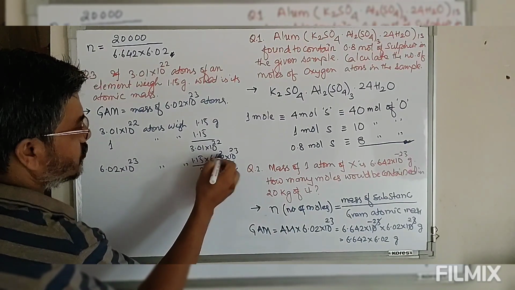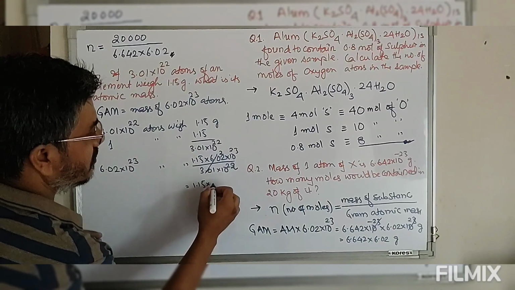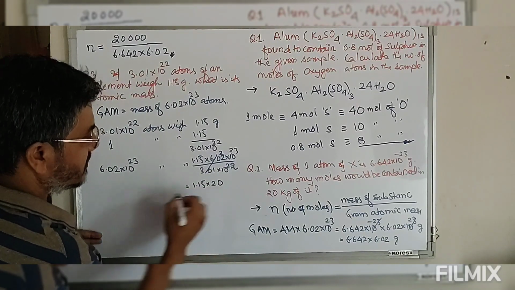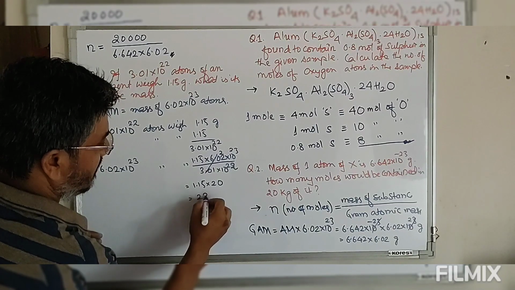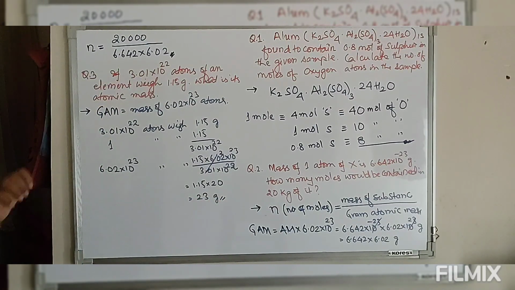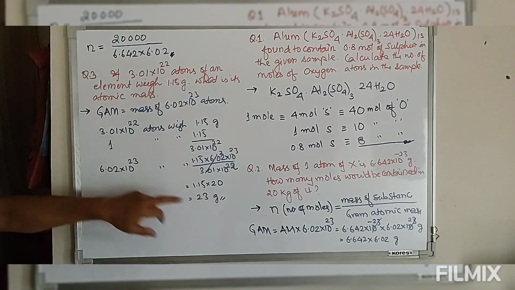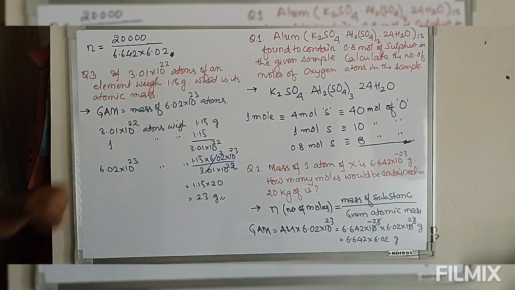So this is 2. So therefore, look at 1.15 into 20, so this is 23 grams. So the gram atomic mass of the given element will be 23 gram.